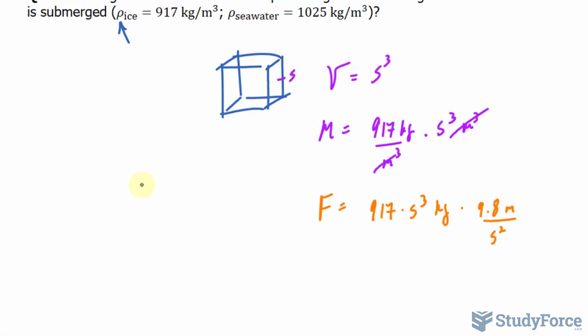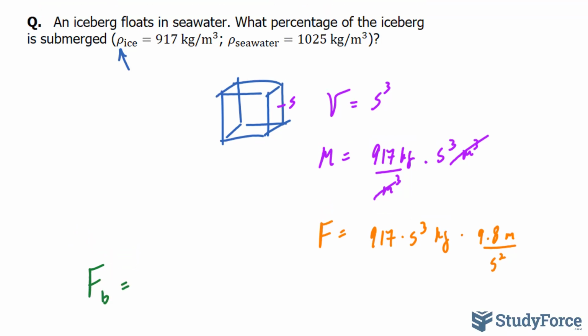To calculate the buoyant force, I'll write down F sub B is equal to the density of the seawater, which is 1025 kilograms per meter cubed, times the acceleration due to gravity, being 9.8 meters per second squared, times the volume in which this cube is submerged into the water. We don't know how much of the cube is submerged into water, but we do know that a percentage of it is submerged, or a fraction of it.